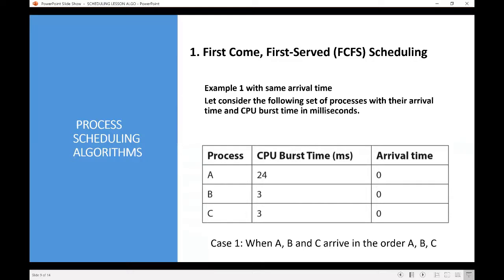The instruction may come saying the order is CBA or CAB, but the order here is ABC. So process A to complete will use 24 milliseconds. Process B will use 3 milliseconds. Process C will use 3 milliseconds.